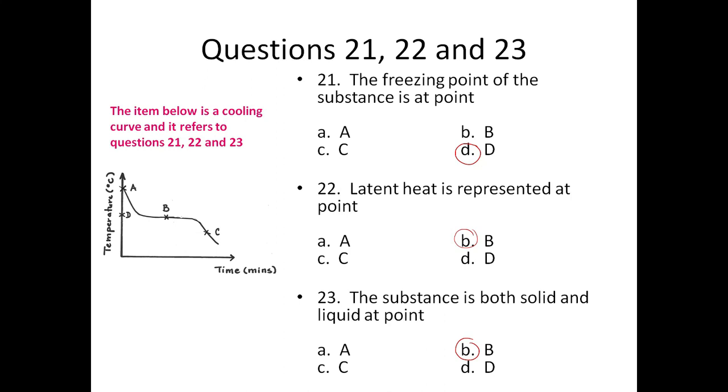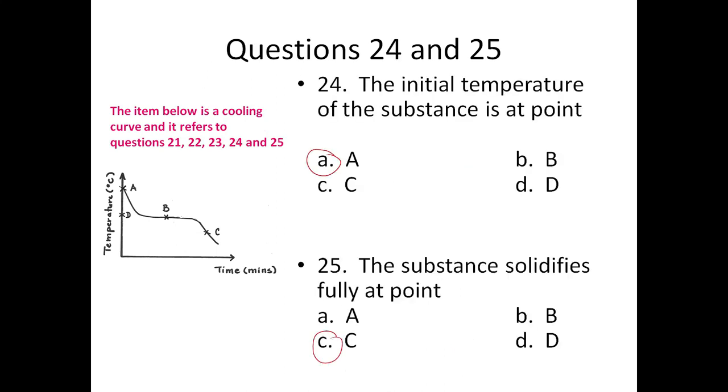So, the freezing point of the substance is at, so remember the freezing and the melting point is the same, so it's at D, and we're looking for the temperature, so it has to be D. 22, latent heat is represented at point B. 23, the substance is both solid and liquid at point B. 24, the initial temperature of the substance is at point A. And 25, the substance solidifies fully at point C.